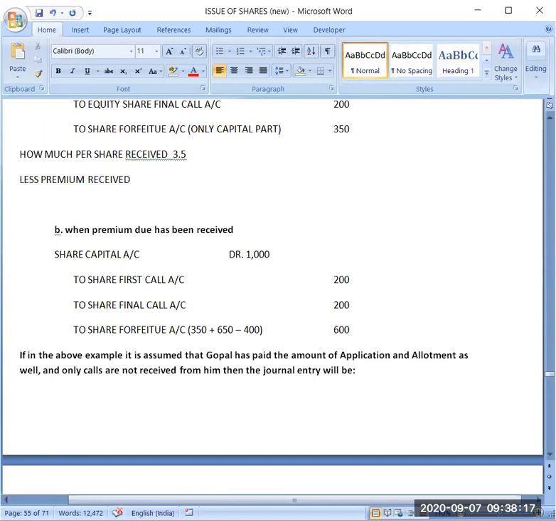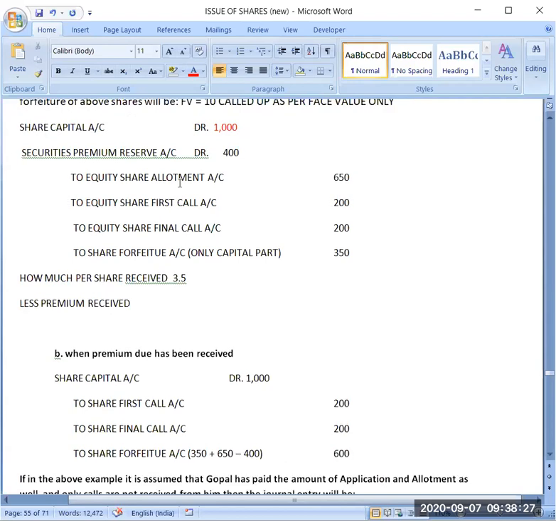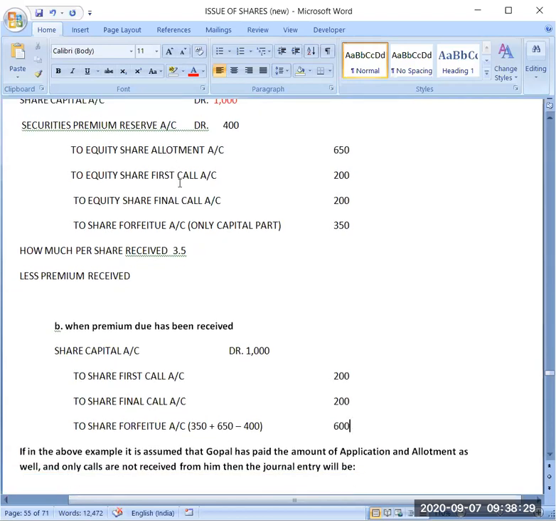So both cases I have discussed. When you have received the premium, you will not debit the premium. But if you have not received the premium, you will have to debit the premium also. This is the only difference. So whenever you are doing forfeiture in the case when shares were issued at premium, you have to observe whether we have received the premium or not. Sometimes it may be the case that you have received some part of premium and you have not received some part of premium.